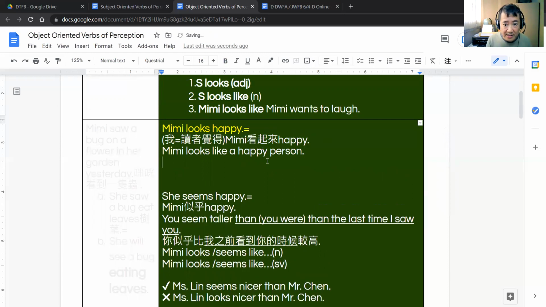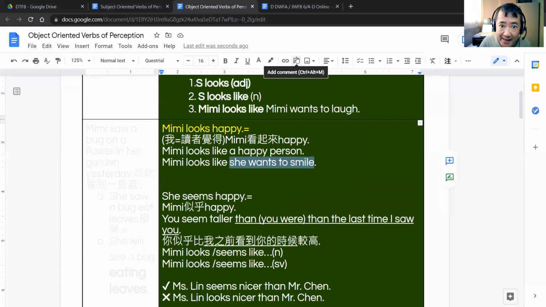Or the third sentence structure is, oh, Mimi looks like she wants to smile because she looks happy. Notice Mimi looks like, and then be followed by an actual sentence. She wants to smile. So here it has to follow all the rules of the sentence, okay? So those are three examples that we already talked about.